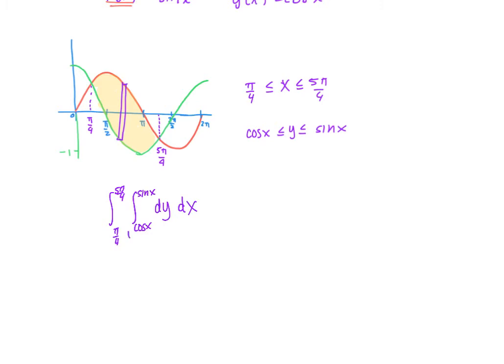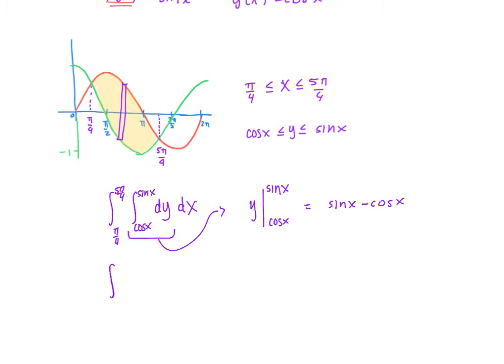So if I do the inside part first, the integral of a constant is y from cosine x to sine x. So that equals sine x minus cosine x. And now I'm going to take the integral of that with respect to x.